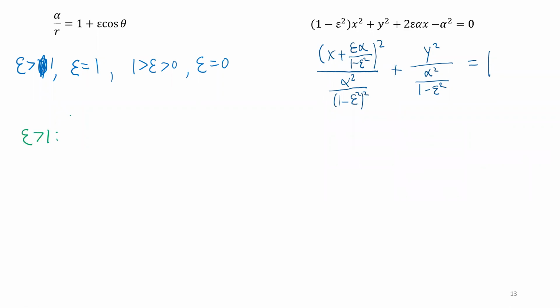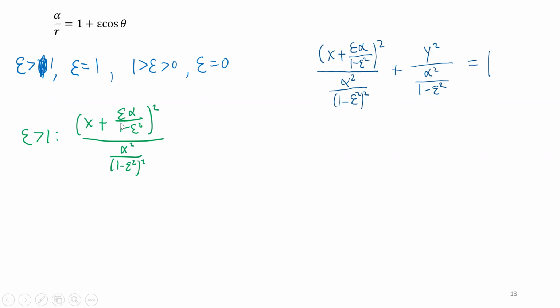this equation becomes basically, I'm just copying everything. In this term, if epsilon is greater than 1, then this 1 minus epsilon squared would be smaller than 0, but it doesn't matter.